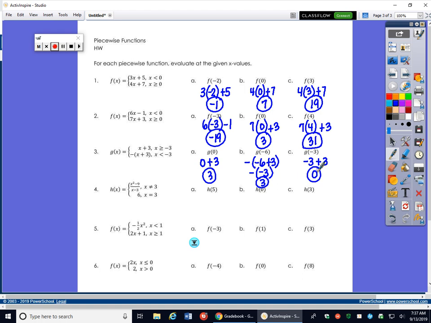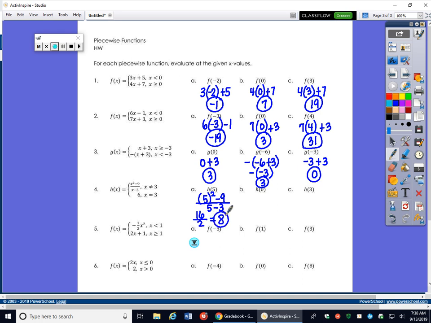On number 4, h of 5. 5 occurs when it's not equal to 3. So it's either 3 or not 3. This is not 3. So we're going to do 5 squared minus 9 divided by 5 minus 3. So 25 minus 9 is 16, and 16 divided by 2 is equal to 8.